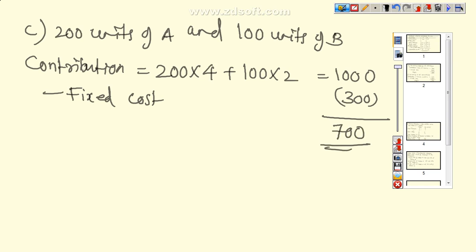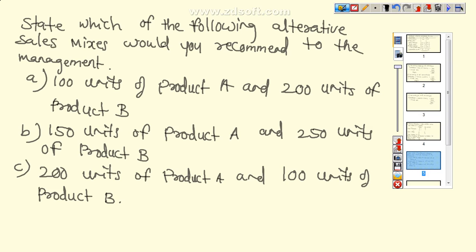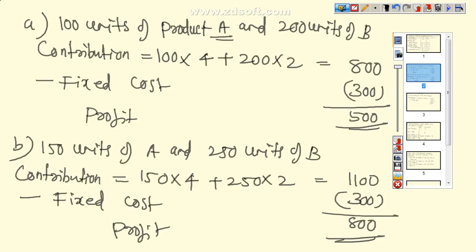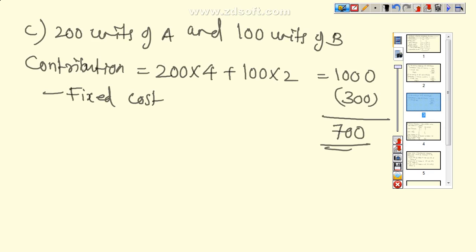Now the question is, which of the sales mixes would you recommend to the management? So we have to write a sentence based on the three alternatives. In alternative 1 we are getting a profit of 500, alternative 2 it is 800, and alternative 3 it is 700. So sales mix B is recommended since the profit of sales mix B is more as compared to other sales mixes.